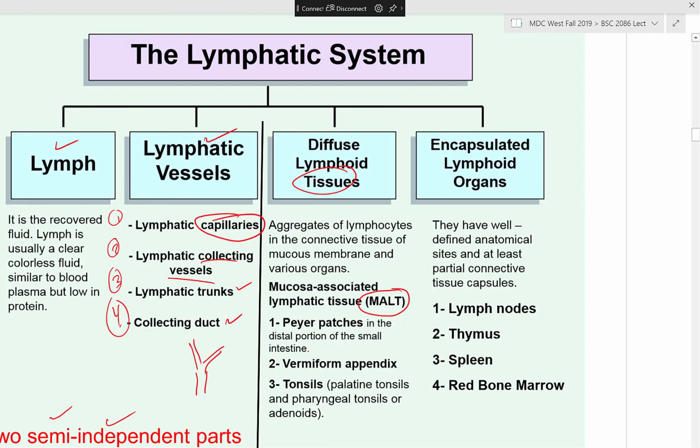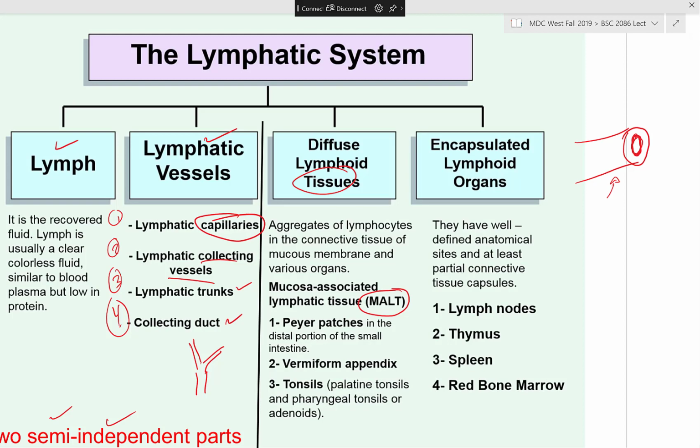Hence the name mucosa associated lymphoid tissue. So these ones, the 1, 2, 3 that we're going to talk about, they're found where? In the mucosa. If you look at it, let's look at a blood vessel, right? Or intestine. This is actually the intestines. So the outside of the intestine, right? I'm sorry. The inside of the intestine is lined by a mucosa. That's where they're going to be, on the inside.